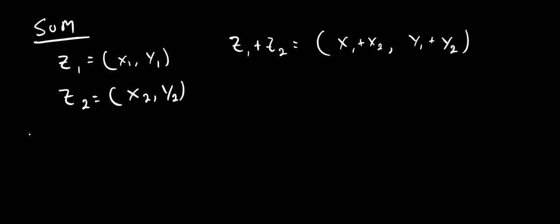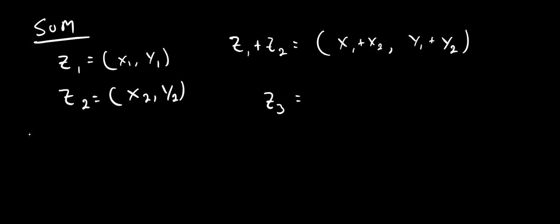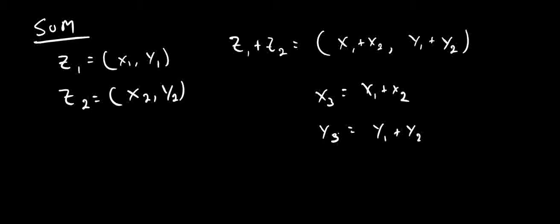This new z, we can call z3. The x component of z3 would equal x1 plus x2, and the y component, y3, would equal y1 plus y2. So maybe writing z equals that is inappropriate.